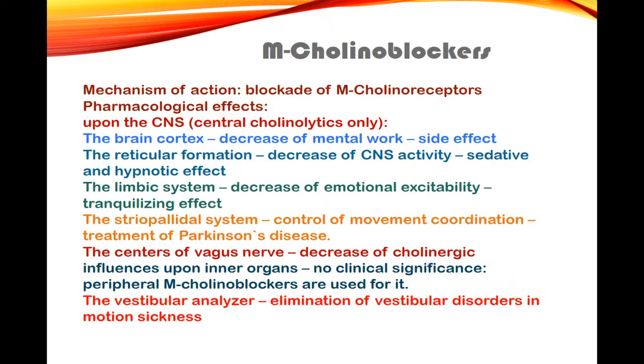The current theme is continuation of drugs influencing the efferent innervation. These drugs include cholinergic agents and adrenergic agents. Cholinergic drugs are the agents influencing impulse transmission in cholinergic synapses.